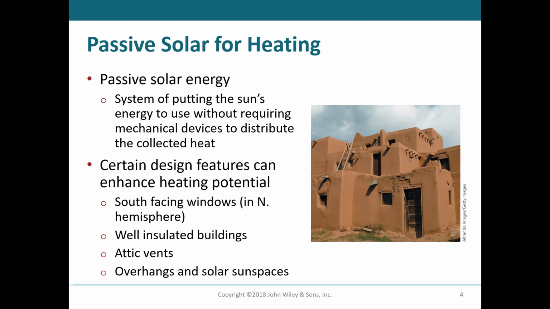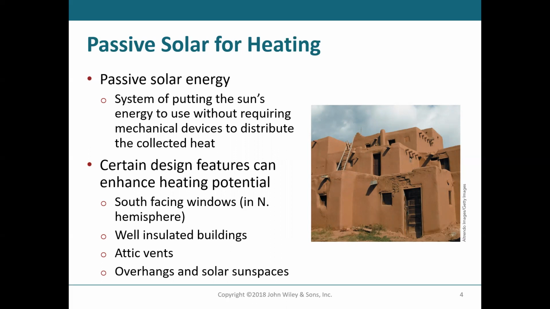When we think of passive solar heating, we think mostly of things that can be built without requiring turbines, generators, or diffusers. And a great example that you see in this picture right here is an adobe home in the southwestern US.